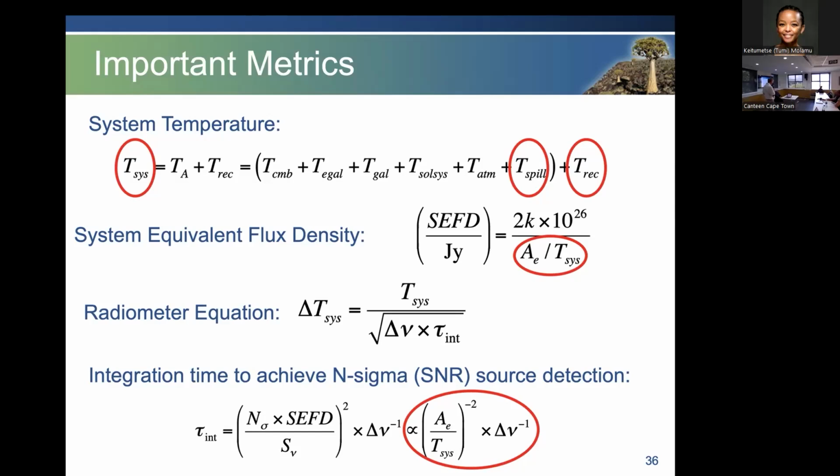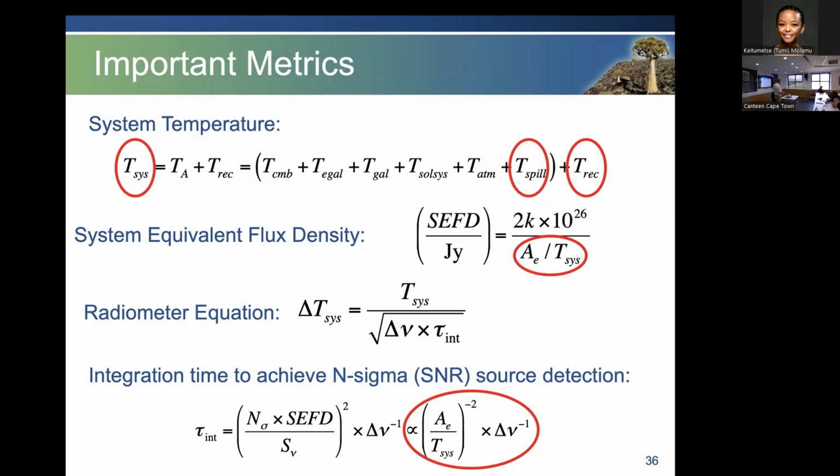but that just costs a lot of money and doesn't make any sense when you're working at MeerKAT and SKA wavelengths. There's a metric that looks at what is called the system equivalent flux density. It says, if I compare my system to a radio source in the sky, what is its flux? You get 2k times 10 to the 26 over Ae over T-sys, but it's the Ae over T-sys that's important.